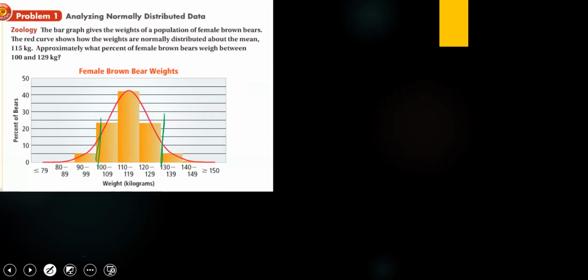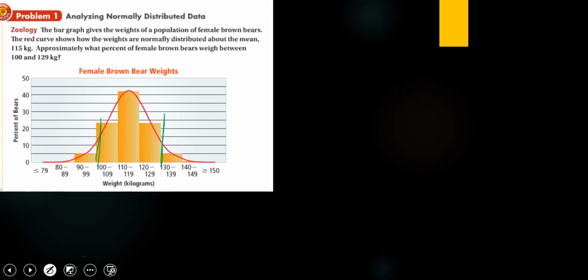So I now want the percent of female brown bears that deviate by 1.5 standard deviations. When I say that, it means you have to go 1.5 to the right and 1.5 to the left. The standard deviation is 10, so 1.5 times 10 is 15.